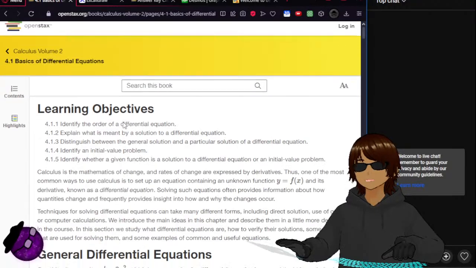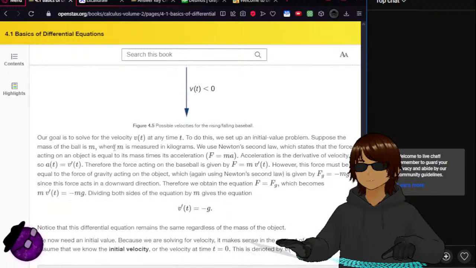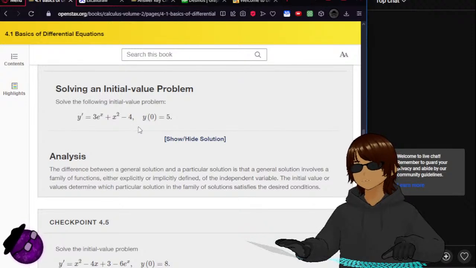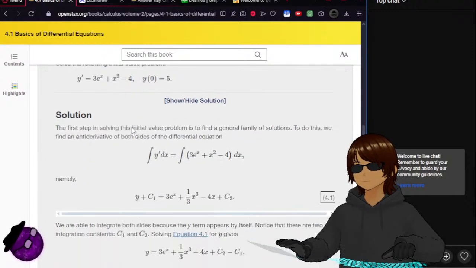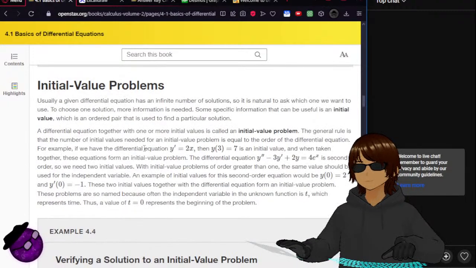Oh, there was no y inside the thing. There was no y value, that's why. So y of 0 is 5. We can just simply integrate it, right? Yeah, that's why I was able to solve it.